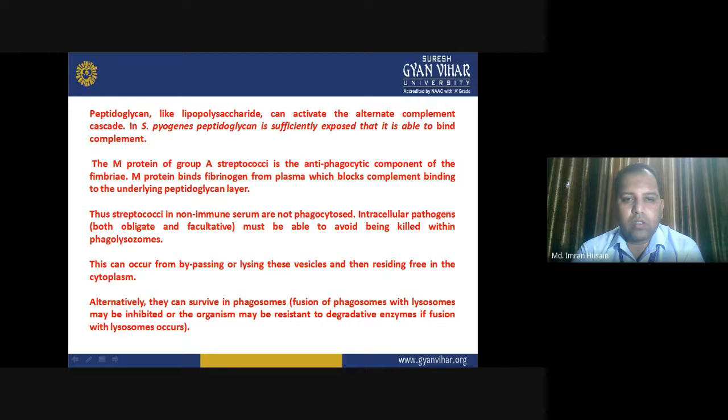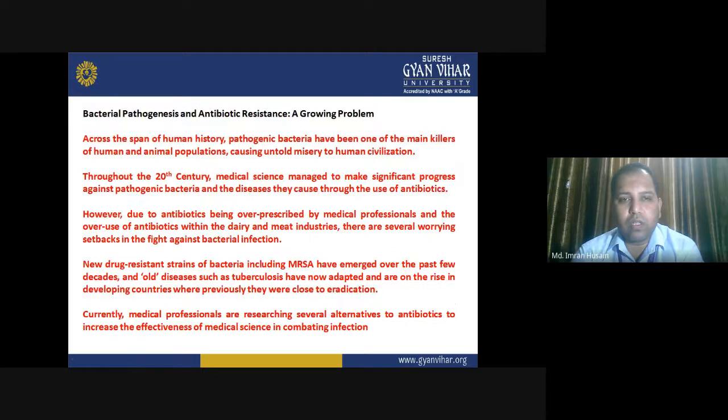This occurs by lysing these vesicles and then residing free in the cytoplasm. Alternatively, they can survive in phagosomes. Fusion of phagosomes with lysosomes may be inhibited, or the organisms may be resistant to degradative enzymes if fusion with lysosomes occurs.